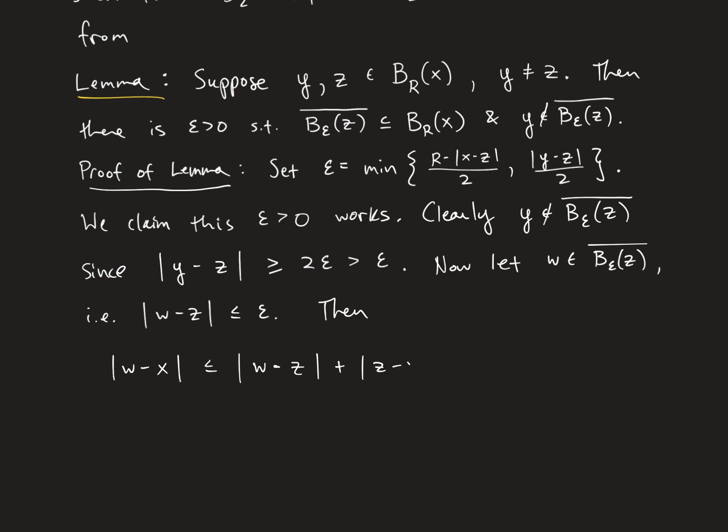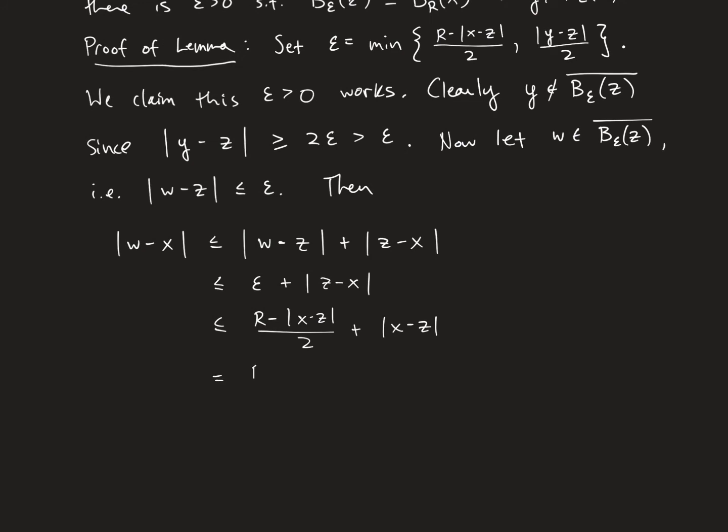So you have z minus x, and w minus z, which we're given is less than or equal to epsilon. That's less than or equal to epsilon plus the length of z minus x. And what do we know about epsilon? It's less than or equal to r minus the length of x minus z, over 2, then plus the length of x minus z.